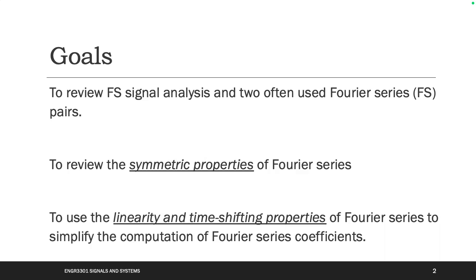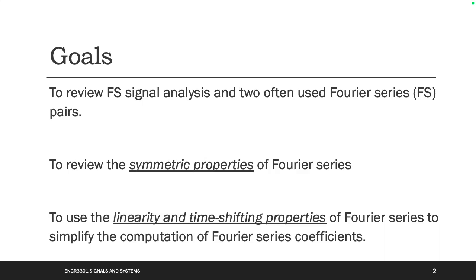And today we will try to learn the linearity and time shifting properties and use those two to simplify the computation of FS coefficients. All the Fourier series properties just help you to easily get the FS coefficients or the FS synthesis.